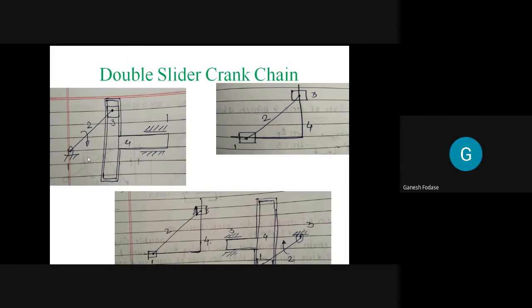Sir, the crank which is link number 2 will rotate, and through it the piston 1 will slide inside the fourth link, which is in a T shape, and there is another piston placed near the edge of the T shape, which will push the second piston of link 3 to slide in where link 3 is fixed.